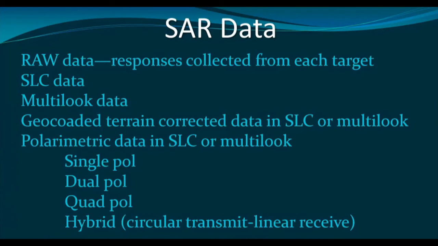If the electric field of the electromagnetic energy is in the horizontal direction, then it is called horizontally polarized energy. And if the electric field is in the vertical direction, then it is called vertically polarized energy.